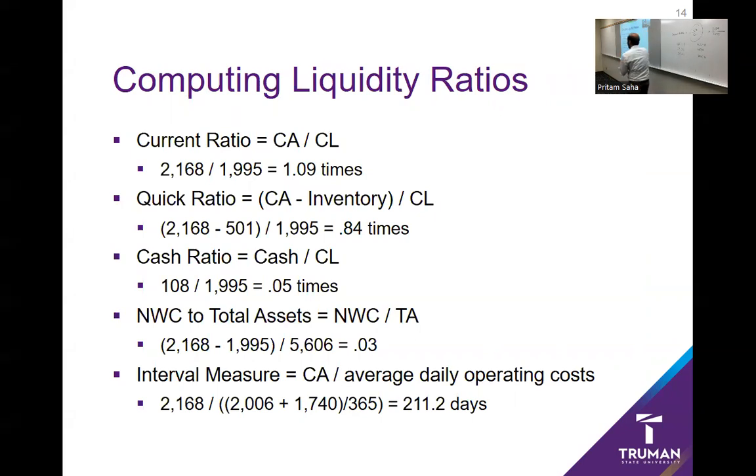Without going for any additional financing, without going for any new issuance, they can run the operations for 211 days. The higher the ratio, the better. They have more current assets to run the business for longer without going for additional financing.